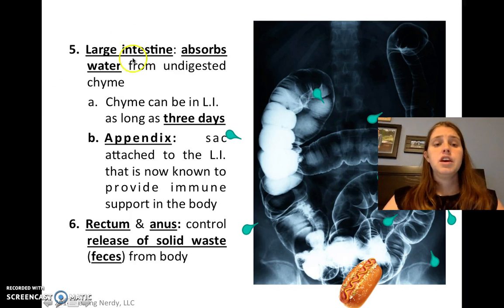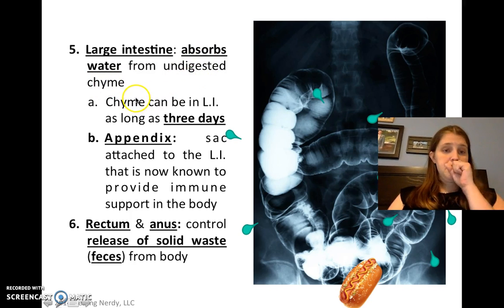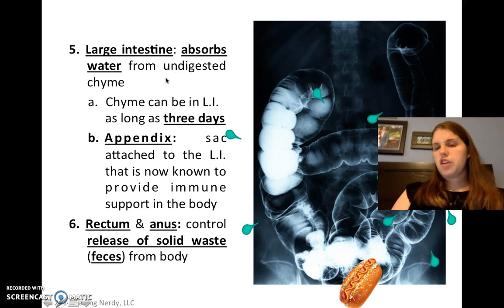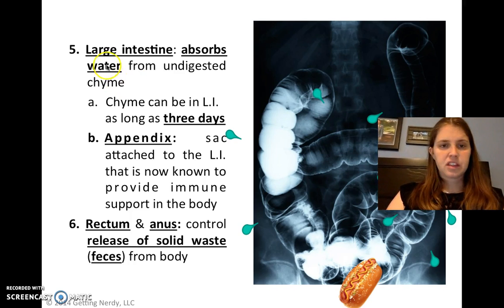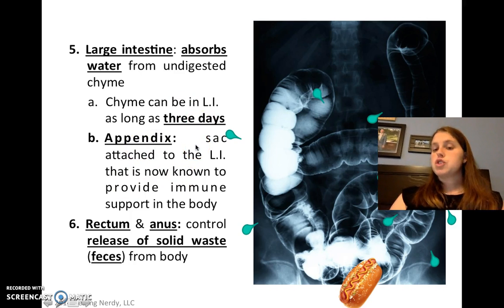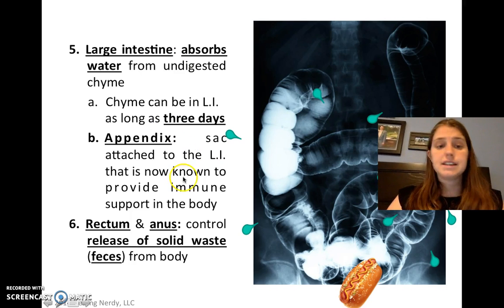So the large intestine absorbs that water from the undigested chyme. Remember, that's what all that undigested liquid is called. The chyme can be in the large intestine as long as 3 days, and during those 3 days, it allows the water to diffuse out of the large intestine and into your bloodstream as you need it.